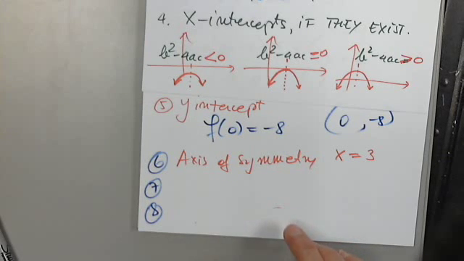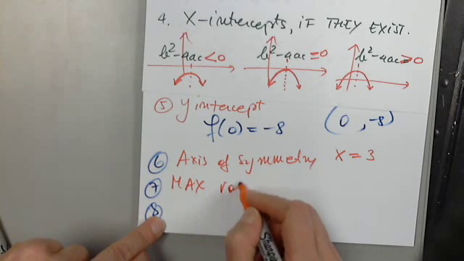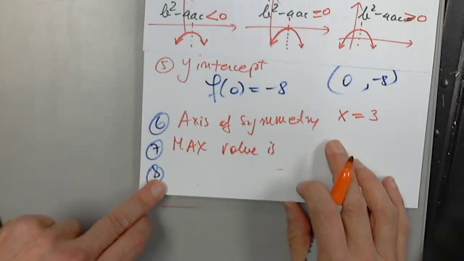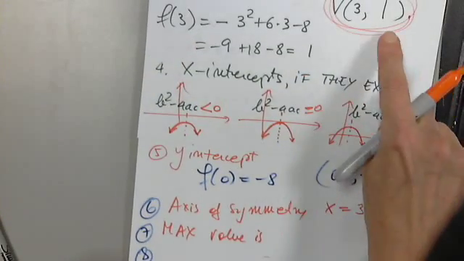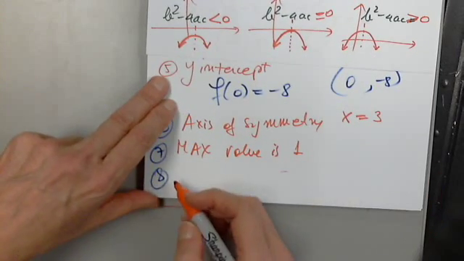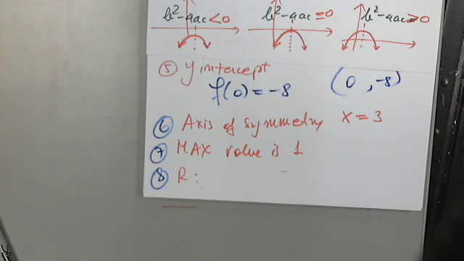Since this function has a max or a min. Very good. I will say the max value of the function is exactly 1, or y equals 1. Perfect. And the last step, I want the range. And you could say, range? You haven't even graphed it. Oh, we already know the graph.